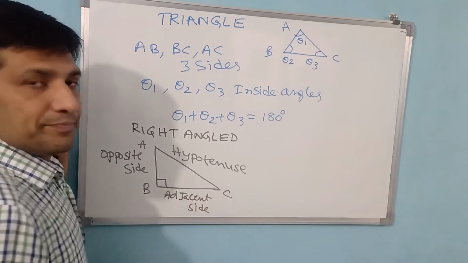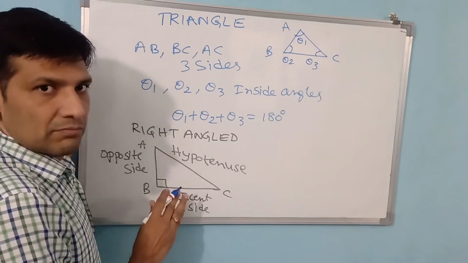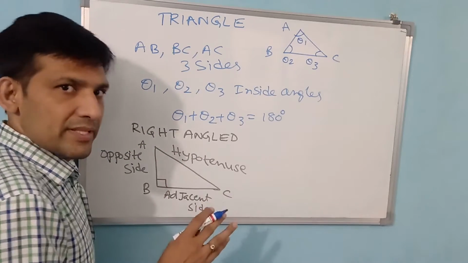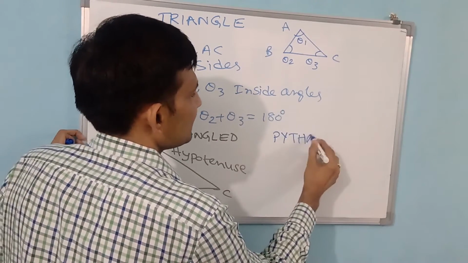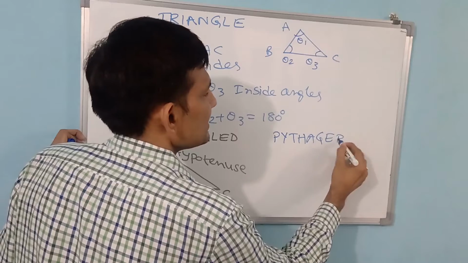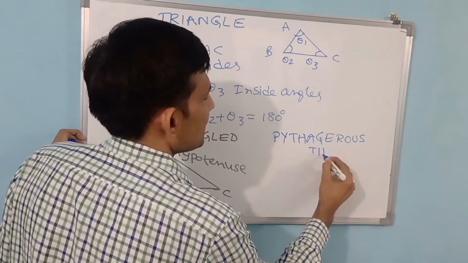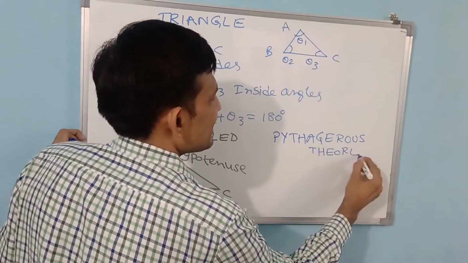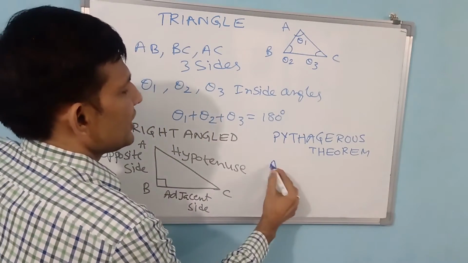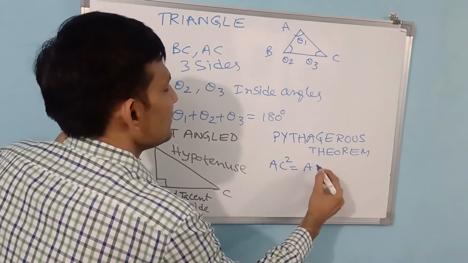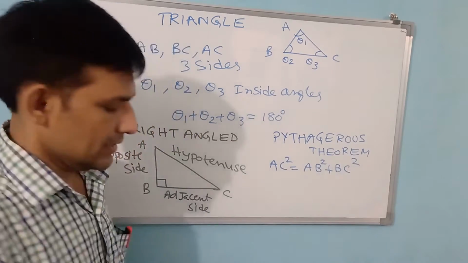Okay. Now, you see, for this right angle triangle, one theorem is there, the Pythagoras theorem. What is the Pythagoras theorem? AC square is equal to AB square plus BC square.